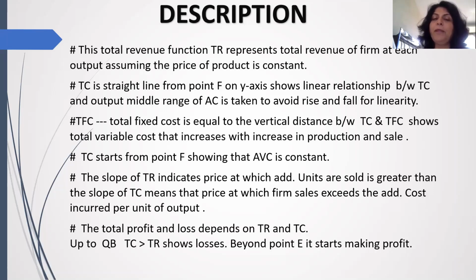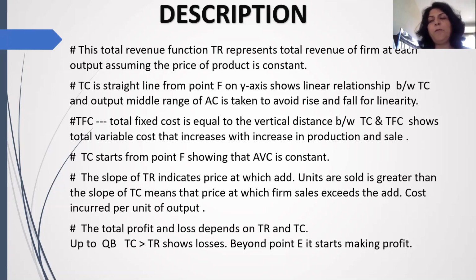Then the slope of TR indicates the price at which additional units are sold, and it is greater than the slope of TC, meaning that the price at which the firm sells exceeds the additional cost incurred per unit of output.